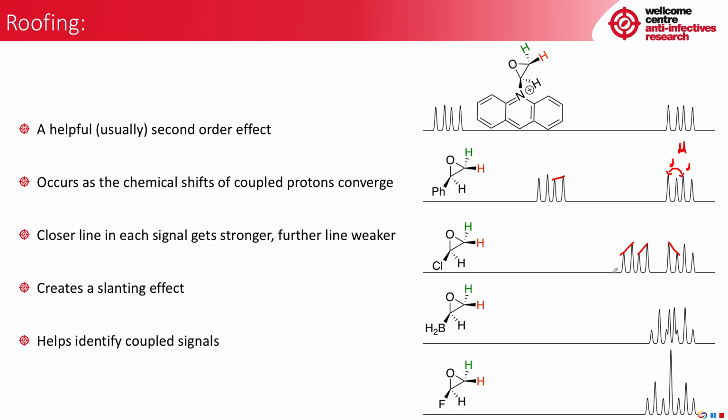A bit further still, and we go to a borane system. In this case, we're starting to see other second order effects. The shape of the signal is being distorted somewhat by the second order effect.